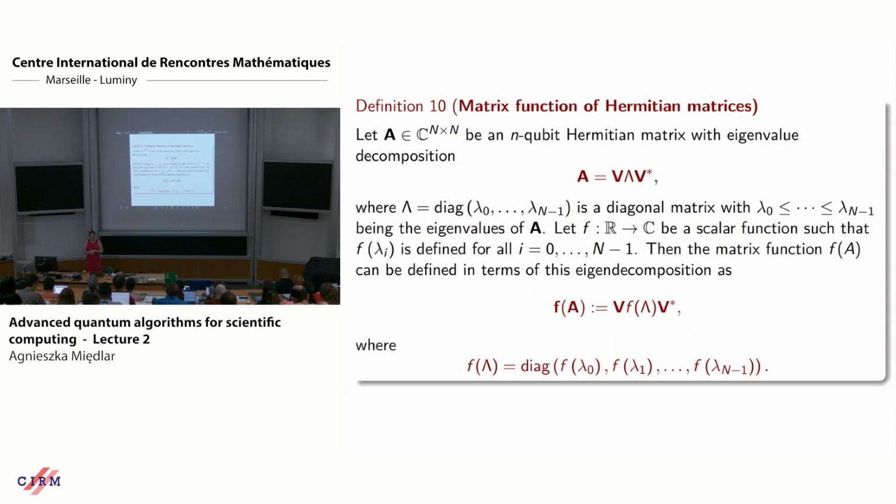So you have the eigenvectors and the corresponding eigenvalues. Here we will assume that the matrix is Hermitian, so the eigenvalues are real. And you try to evaluate a function which takes reals into complex. So this is a scalar function, and you have to make sure that your function is defined at each eigenvalue of this problem, because that's the essential component that we need.